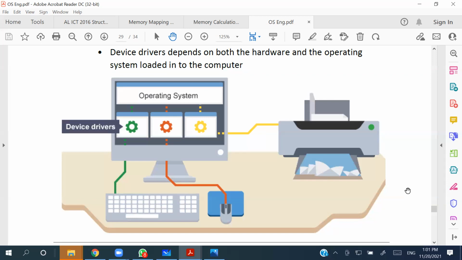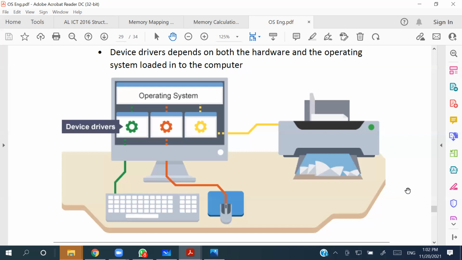So the manufacturers of the printers burn a CD or a DVD with the device drivers and hand them over to the sellers or retailers. So we receive those when we purchase a printer from the market, right?